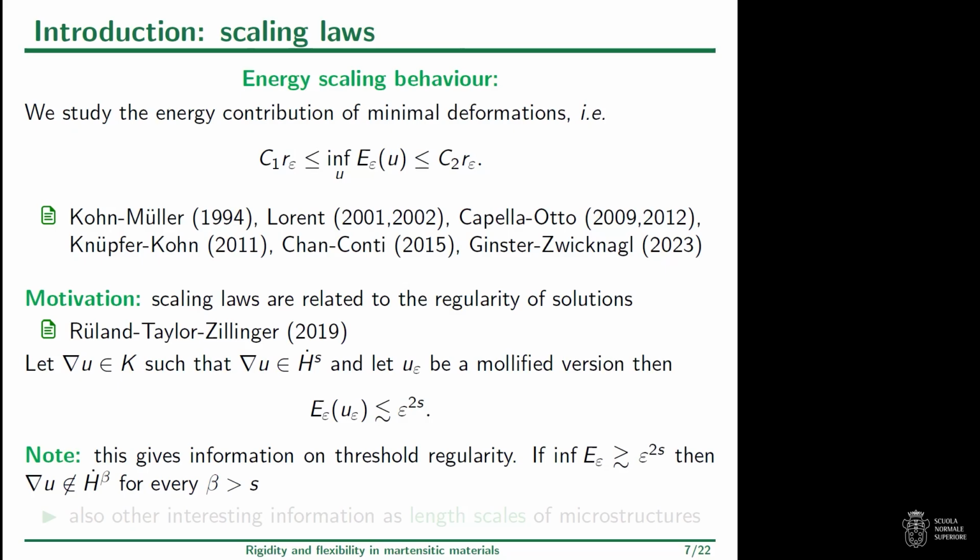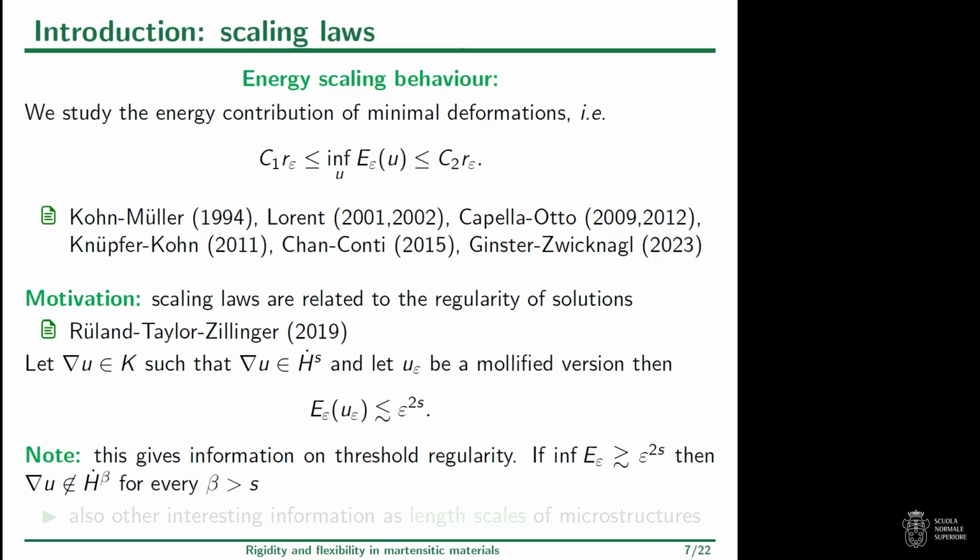So this threshold regularity comes from a very nice, fairly recent result by Ankana Ruland, Jamie Taylor, and Christian Zillinger, in which they relate scaling laws with the threshold regularity of the underlying solutions to the differential inclusions.